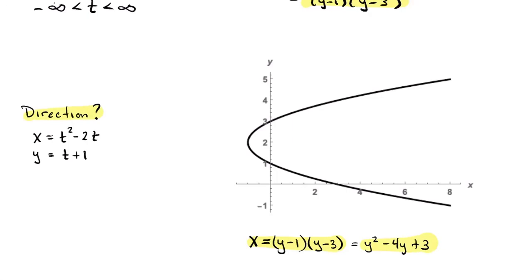There's a couple ways we could answer that. One way is we could just pick a couple of values of the parameter and compute x and y. What values of the parameter to pick? I don't know. Just pick them so that life is easy on yourself. I'm going to pick 0 and 1, and I have to remember that t increases from 0 to 1, so that's how I'm going to know the direction.